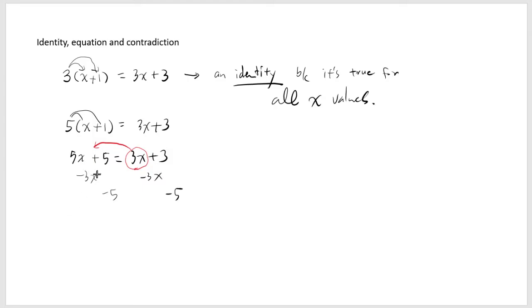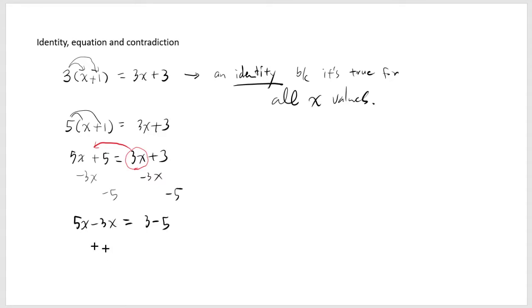So the result of this would be 5x minus 3x equals 3 minus 5. 5x minus 3x, well, it's like you have 5 of these x's, and 3 of the x's are taken away. How many x's do you have? So let's say you have a store and you have 5 Xboxes, and then you sold 3 Xboxes. How many do you have left?